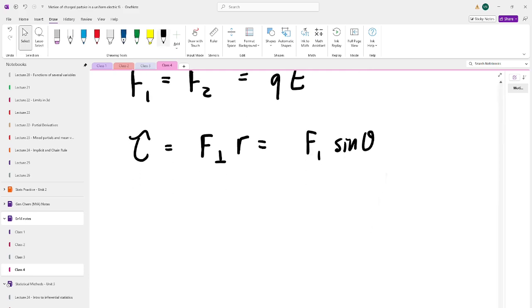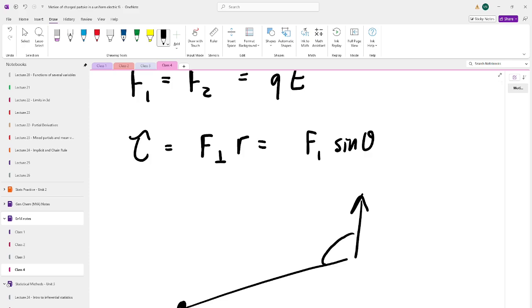So that, of course, represents the horizontal component. If you have the torque like that, point of rotation, you have an angle here. The horizontal component, or the component that is perpendicular to the length, this component here, can be calculated with sine theta.